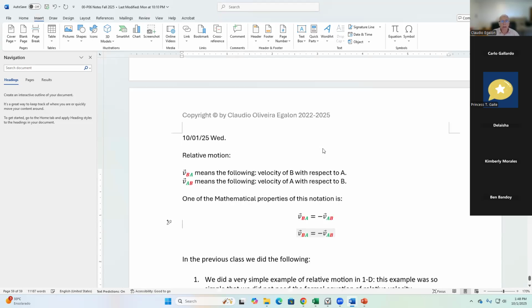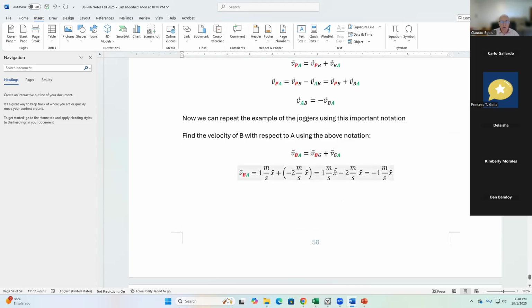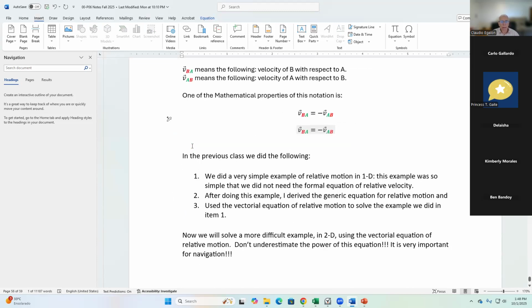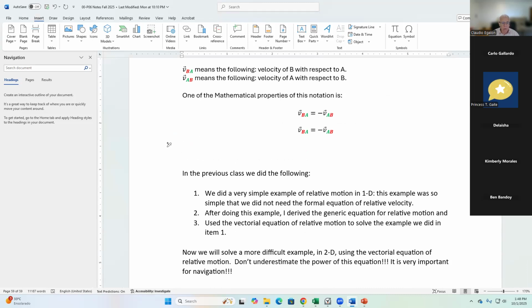And just as a reminder, if you want to calculate, for instance, the velocity or even the position of a point with respect to A and B, don't forget, this notation is good even for other vectors, right? Not just the vector velocity, but the vector position as well.